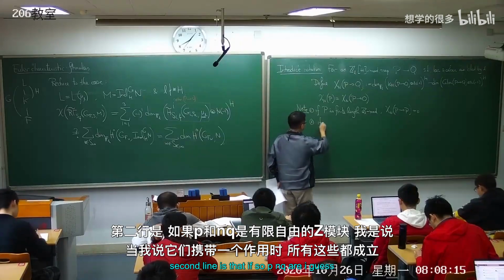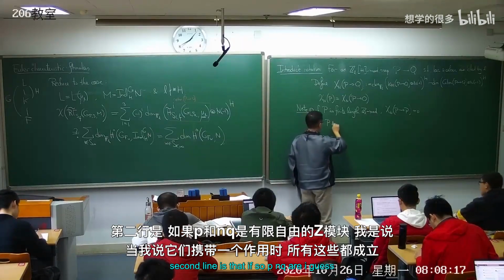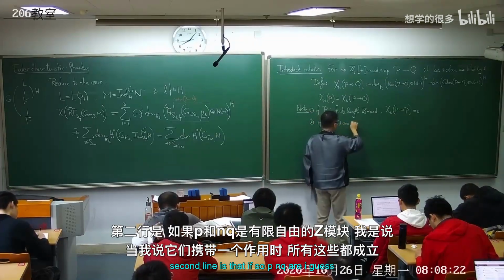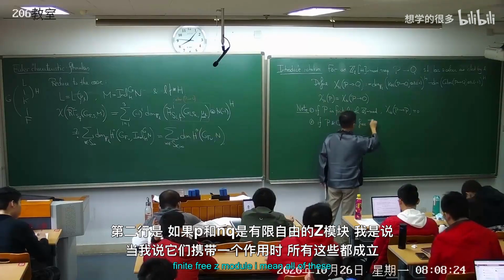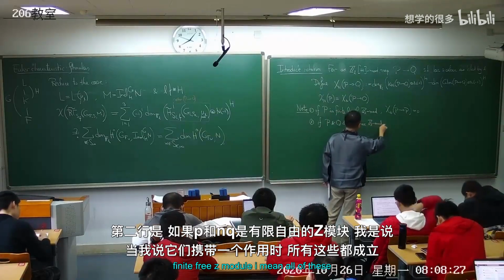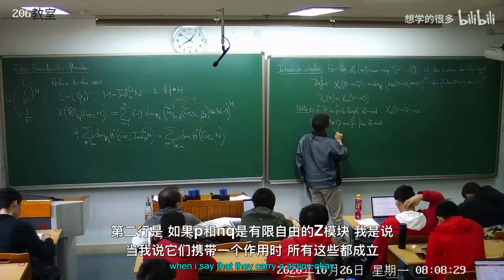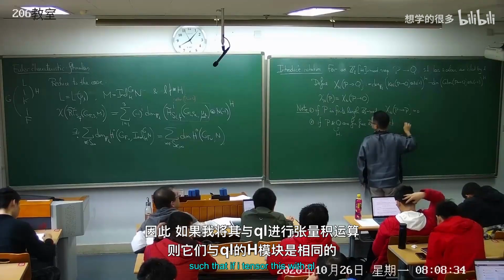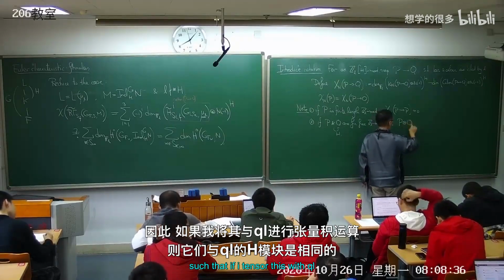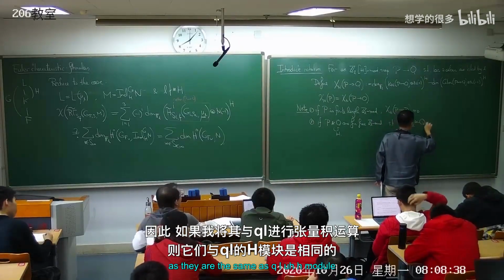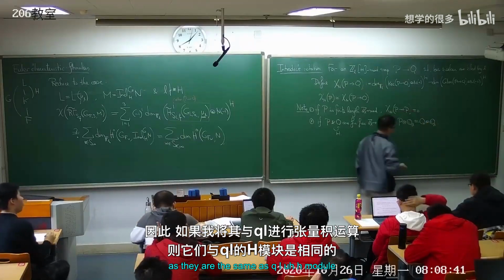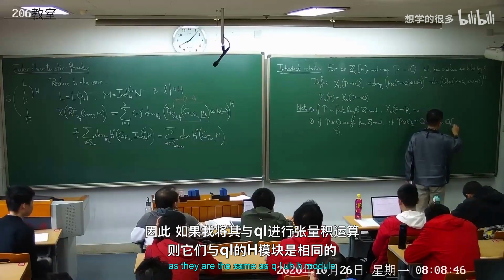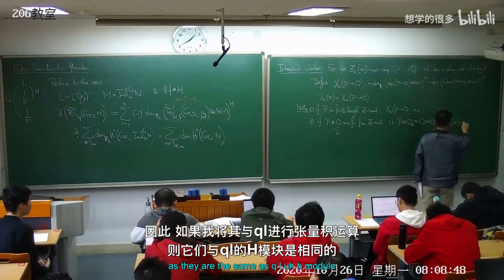Secondly, is that if P and Q are, I guess, finite free Z module. I mean, all of these, when I say that, they carry H action, okay? Such that if I tensor this with QL, they are the same as QL H module.